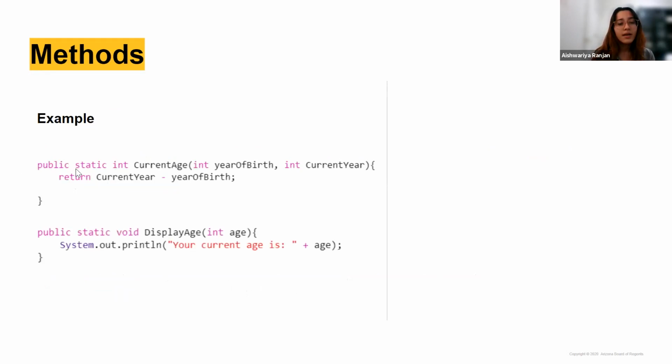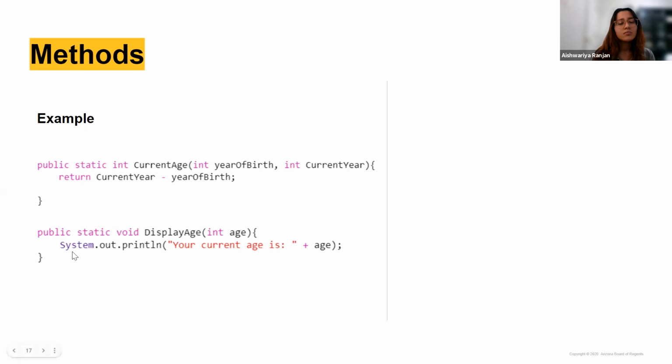So we have the same method as the previous page. And we have another method over here, which is public static void displayAge. And it is taking in the input of int age, an integer.